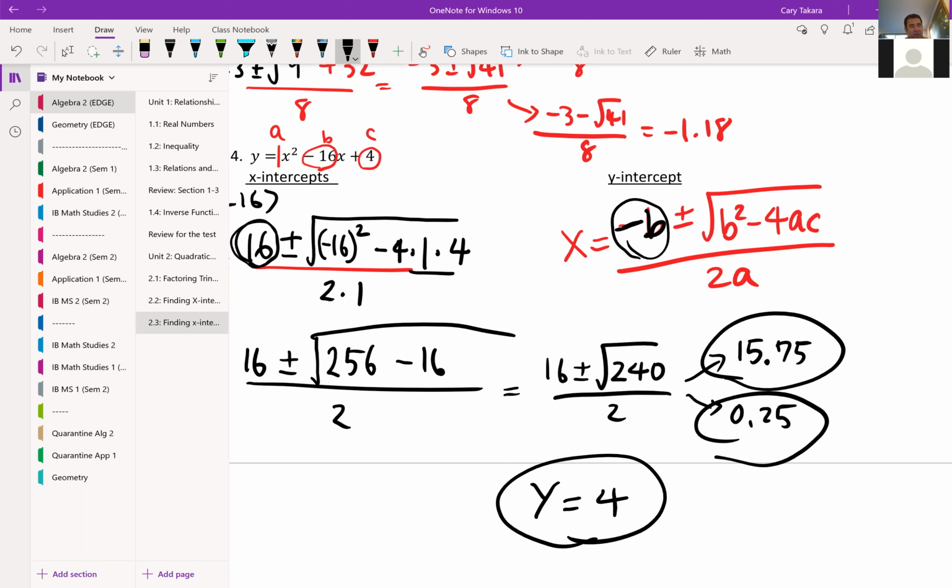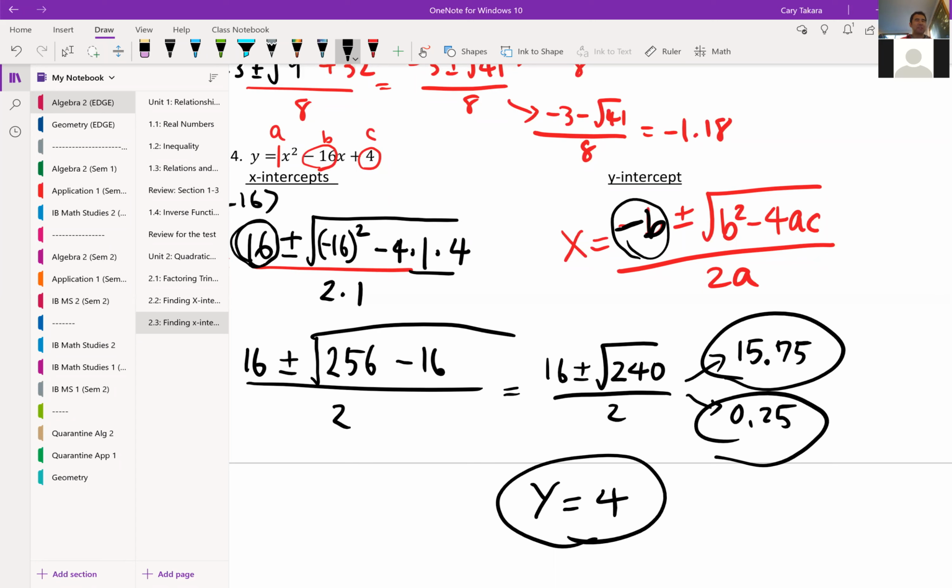But when you have a calculator like this, if I do parentheses negative 16, you see that? I can just type in parentheses negative 16 and then square, right? And there is no way that you're going to make a mistake, okay?